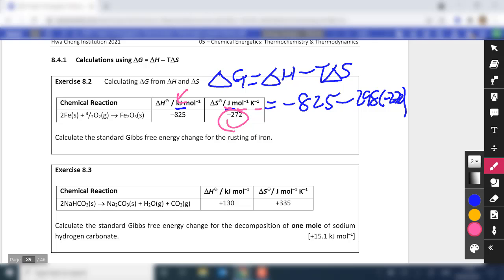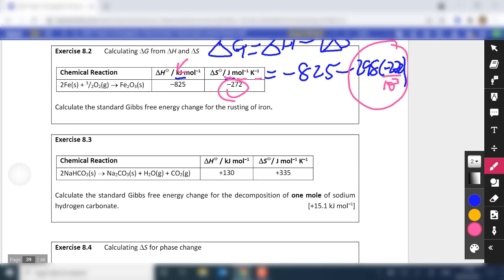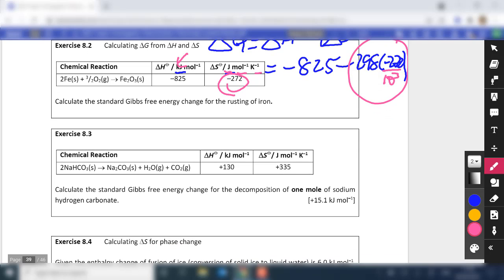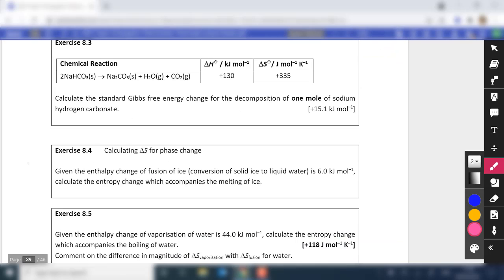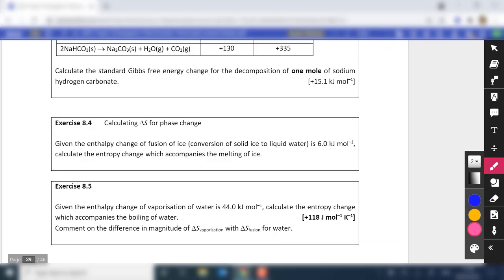You either multiply this by 10 to the power of 3, which I advise against because you're going to get huge numbers, or you simply divide this by 10 to the power of 3. Remember this. This is a super common mistake that students make during exams. So go and try, and I hope you can get some good, simple answers, and ensure that you understand what's going on.